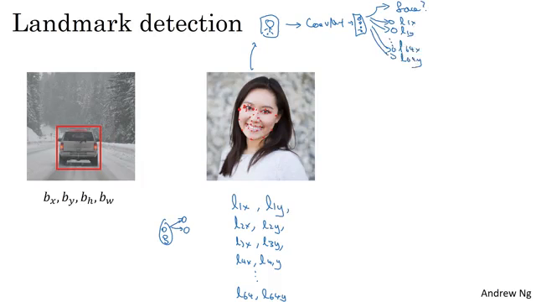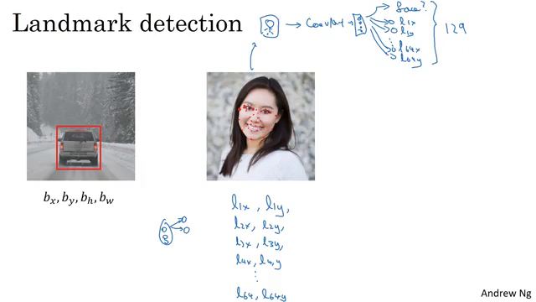Here I'm using L to stand for a landmark. So this example would have 129 output units, one for is there a face or not, and then if you have 64 landmarks, that's 64 times 2, so 128, plus 1 output units. And this can tell you if there's a face as well as where all the key landmarks on the face are.